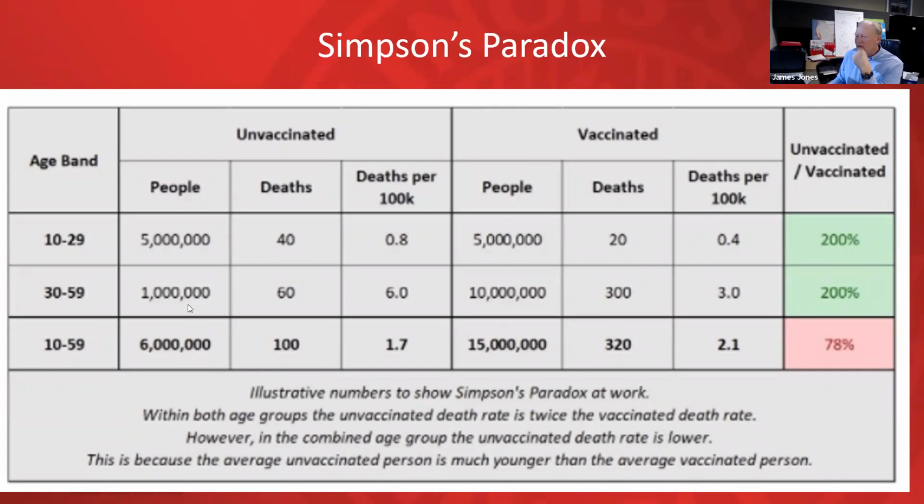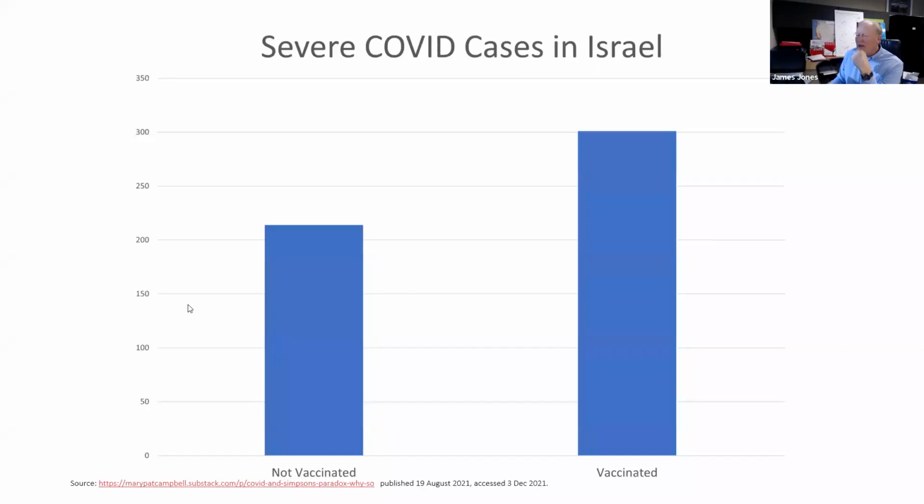All right, here's another one. I think this one is a little easy to figure out. What's going on in Israel? You hear about COVID in Israel and vaccinations in Israel. It turns out that severe cases of COVID in Israel are actually higher among the vaccinated than the non-vaccinated.